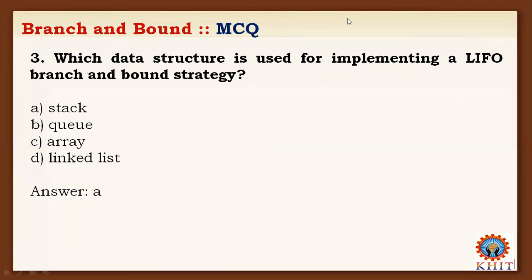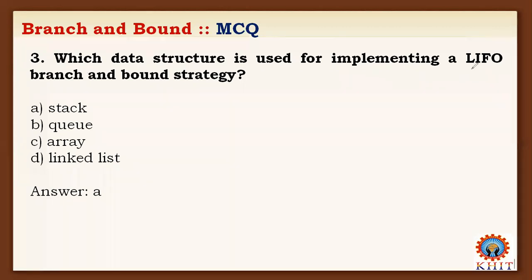The next question is a very important question. Which data structure is used for implementing a LIFO branch and bound strategy? Last in, first out. Some data structures are listed: stack, queue, array, and linked list. Among these, which one is considered for the LIFO branch and bound technique?